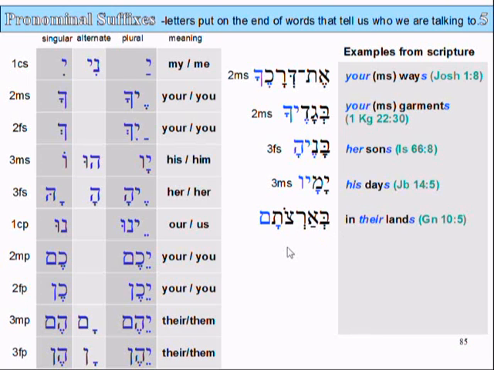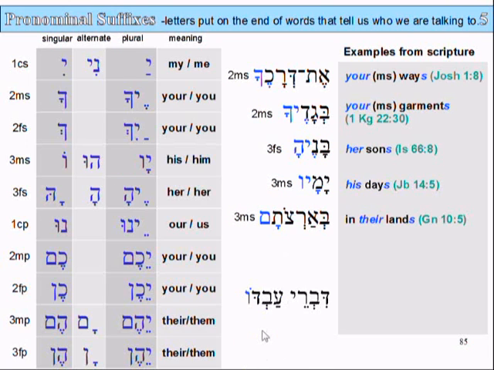In any case, you don't need to get too hung up with all the details, but just learn this form and just realize this is a variant. And you can tell a lot of this in context of the verse. That really helps. Okay, so that's the third person masculine plural.